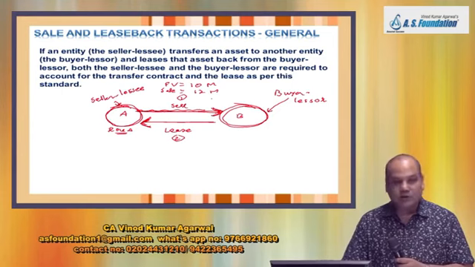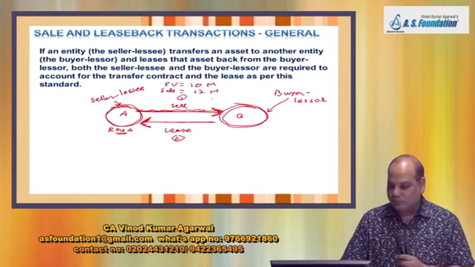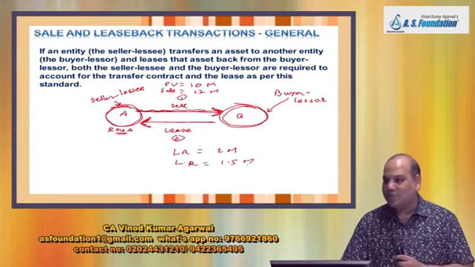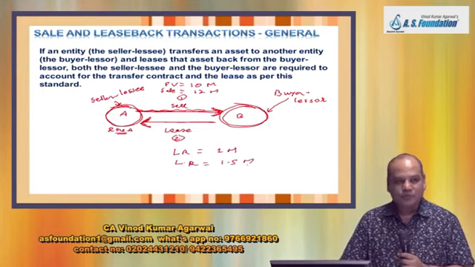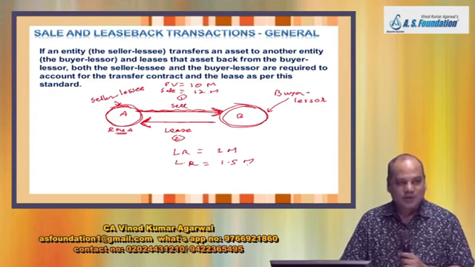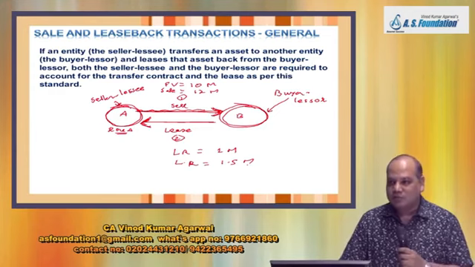So normally in such transactions, what happens? If the normal lease rental will be 1 million, in this example, the lease rental will be say 1.5 million. So indirectly you are compensating the other party. He paid you something more today. You pay him back in the form of higher lease rental.